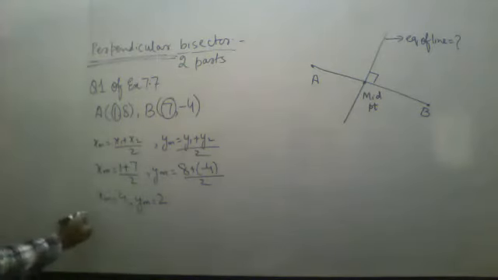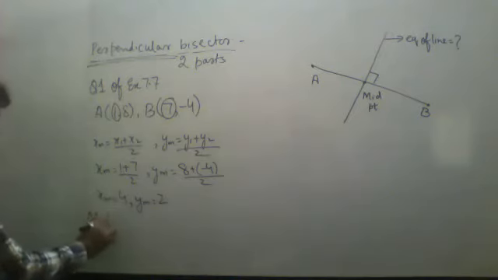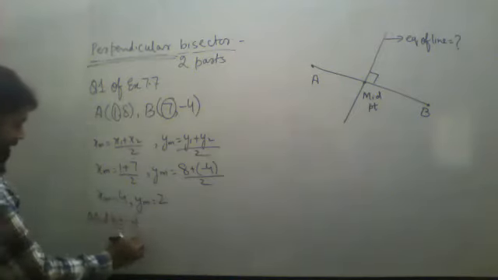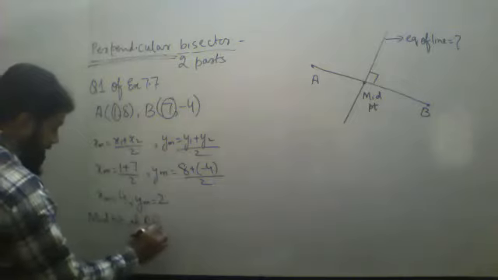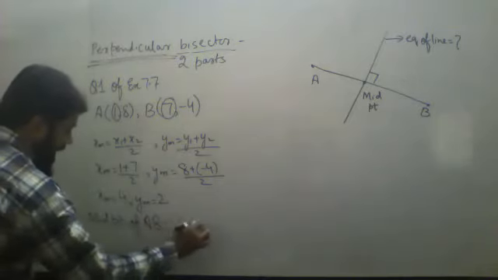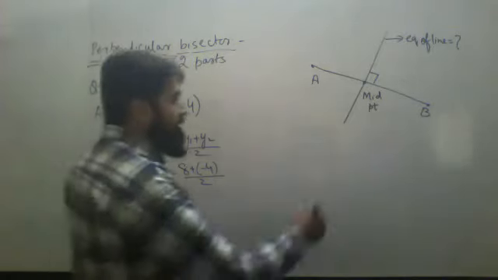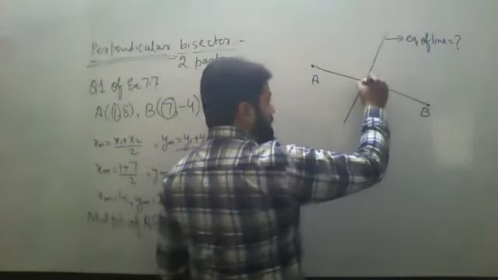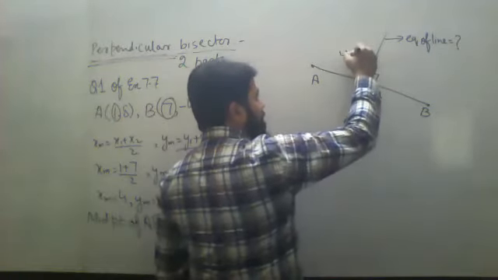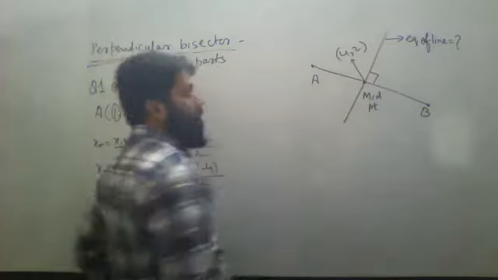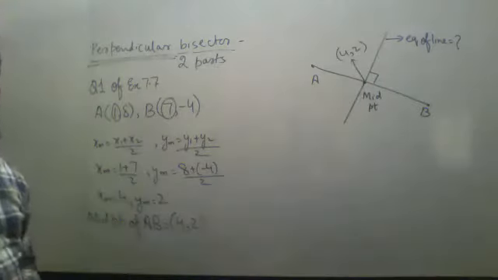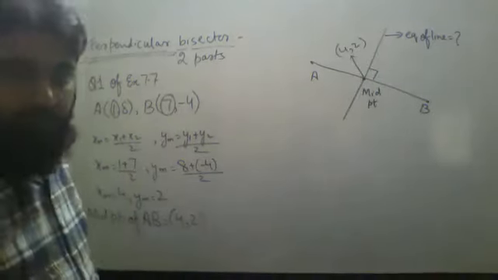So the midpoint of AB is (4, 2). That is the first thing I have found.